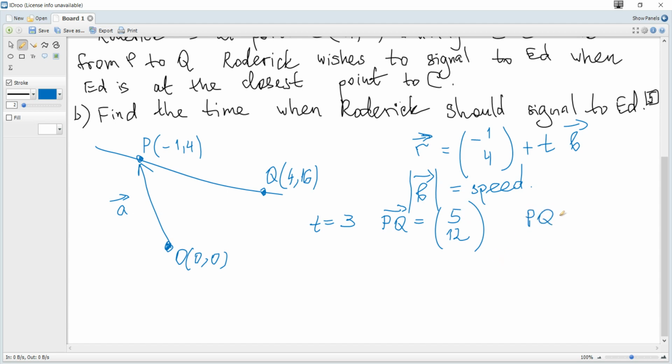So PQ is 13, and we know speed multiplied by time is equal to distance, but how to find speed, or how to set speed?